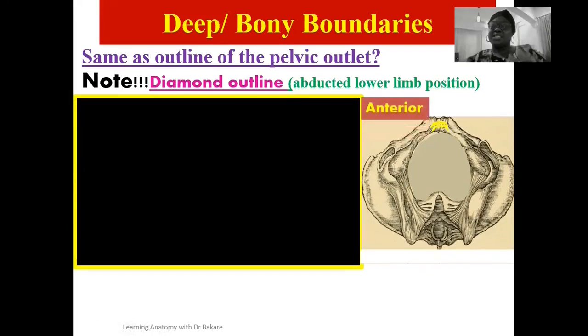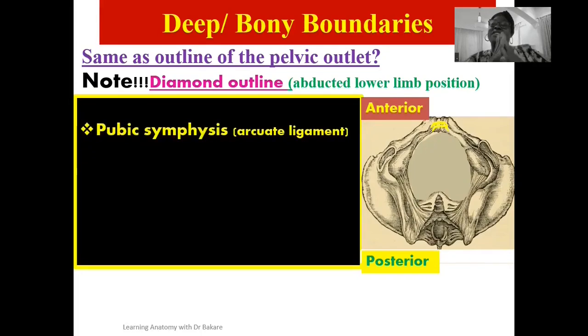This is where we have the anterior view at the front, and behind here is where we have the posterior view. So let's drive in to see the different structures that will be forming the outline of the perineum. Remember also at the back of your mind that we say this region is a diamond-shaped outline, and we know the configuration of a diamond-shaped pattern. So in the mid anterior region, it is formed by the pubic symphysis.